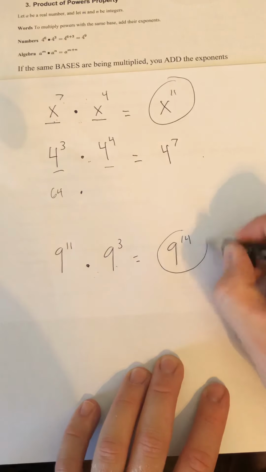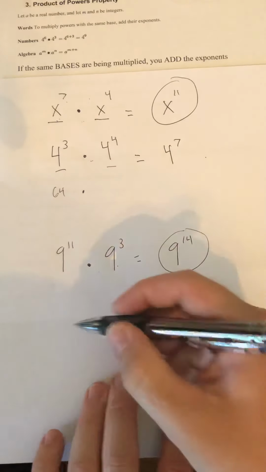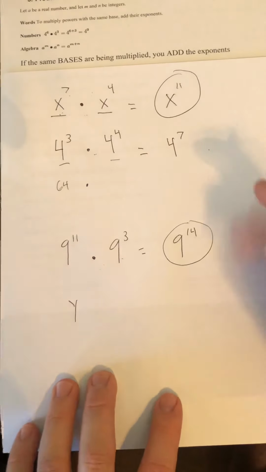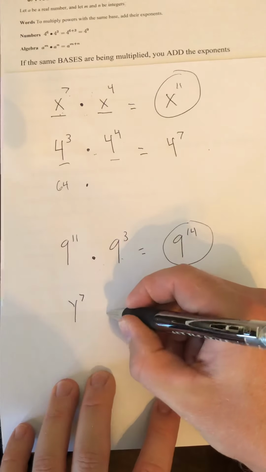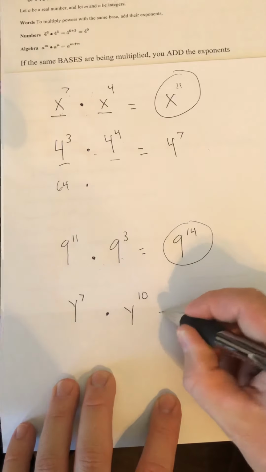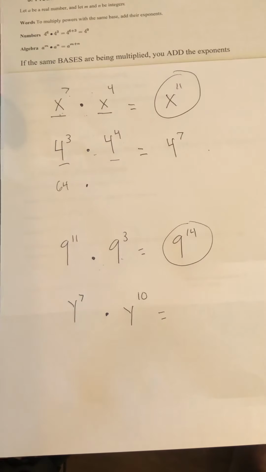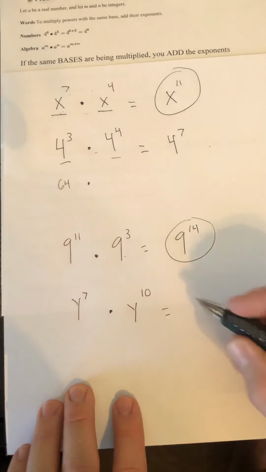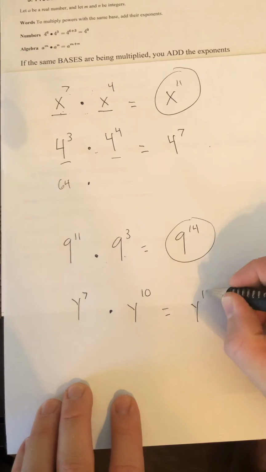That is a massive number. Okay. What if I have y to the 7th power times y to the 10th power? Well, we don't know what y is, so that's a variable. Well, same bases being multiplied together, you add the exponents. So that's y to the 17th power.